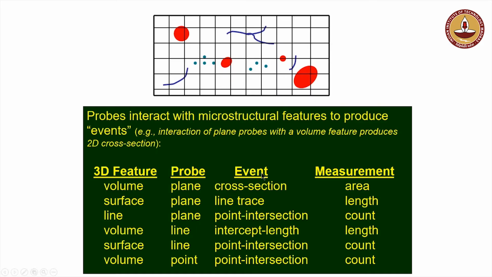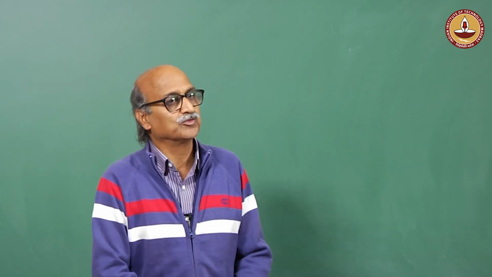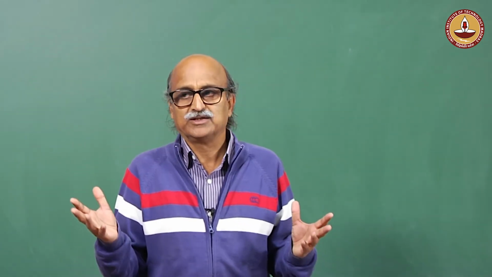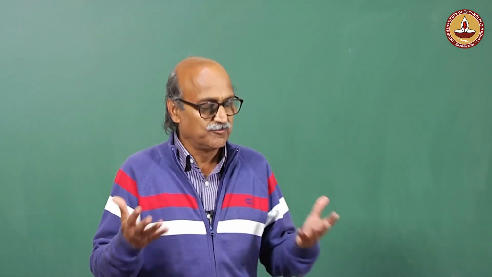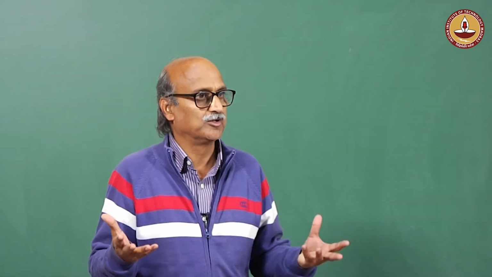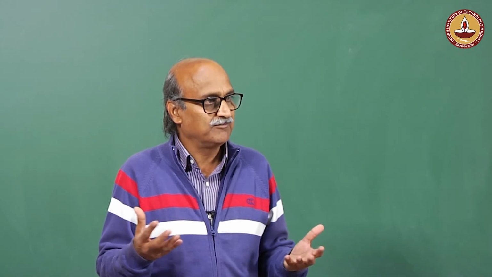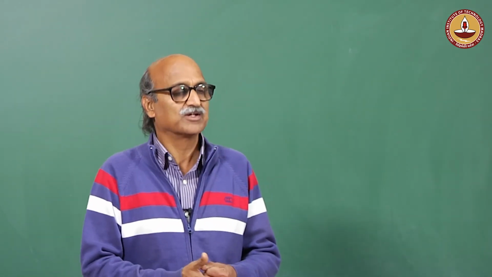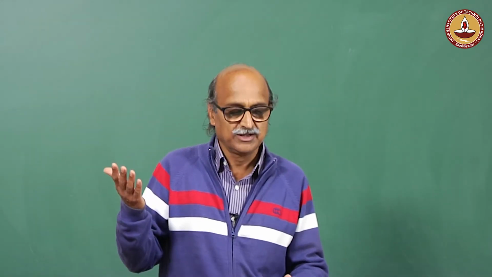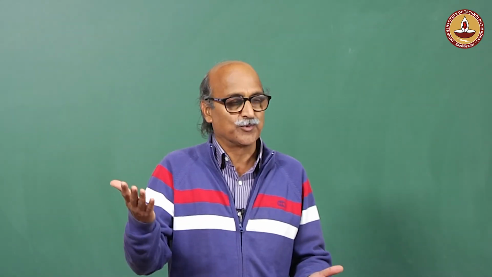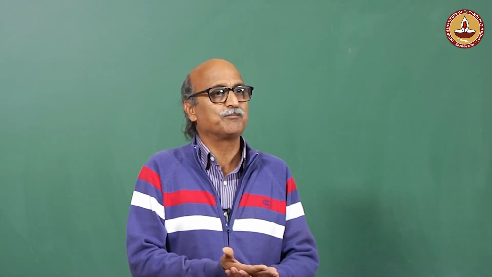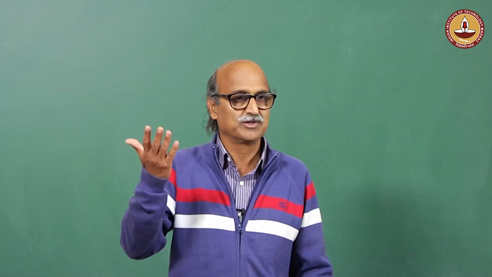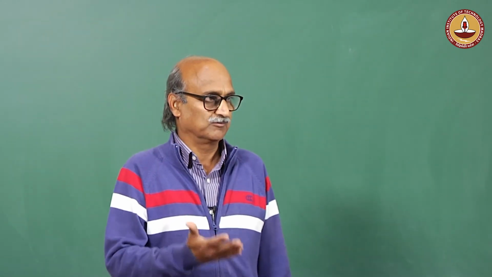And this word event that I am using comes from a concept of probability. We will be talking about what is called geometrical probability: if an event occurs, there is a certain probability of that event. So, for example, if a two-dimensional probe, a plane probe, intersects a particle, there is a probability of intersection of that plane probe with that particle. What is that probability?